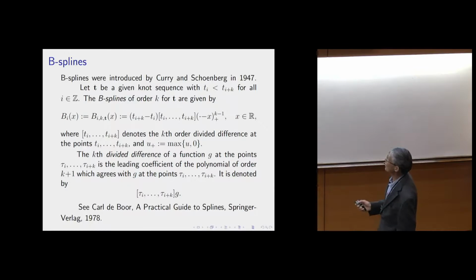Here we adopt the definition of divided difference from Carl de Boor, that we define the k-th divided difference as the leading coefficient of the polynomial of order k plus 1 which agrees with g at these points.